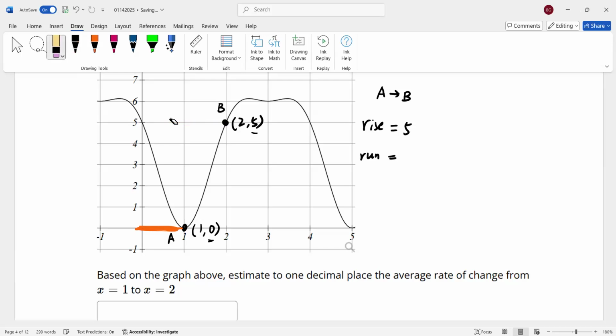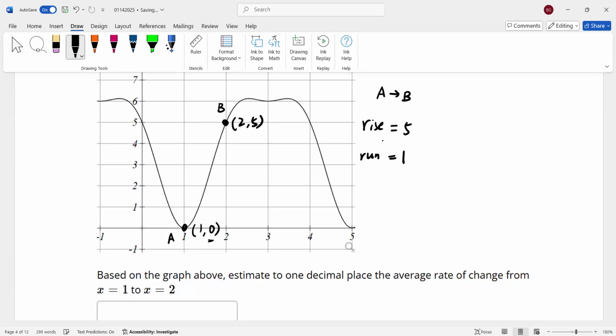Since the given information is a graph, we don't mind just using the geometrical approach. And then the run from A to B, following the same order from the left to the right, is the horizontal change. Horizontally, the change goes from 1 to 2. So the run is 1, right?